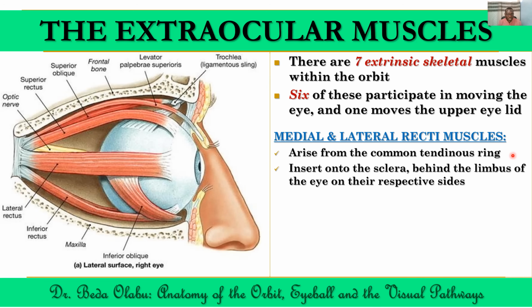They insert onto the sclera just behind the limbus, a few millimeters behind the limbus. Usually it's within 1 centimeter. So some will be about 5 millimeters, some 7 millimeters from the limbus. They insert onto the sclera.